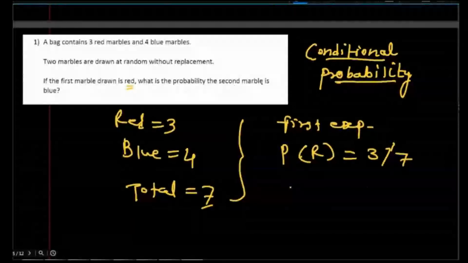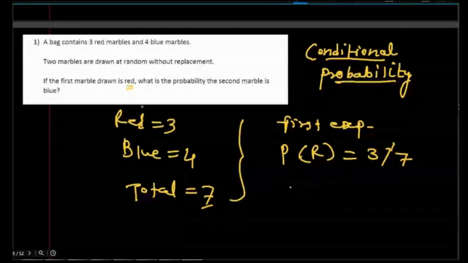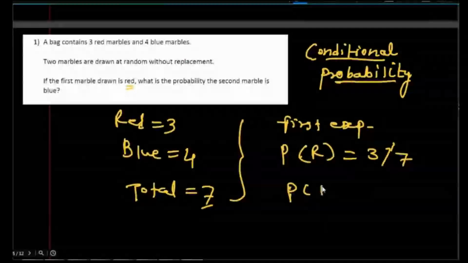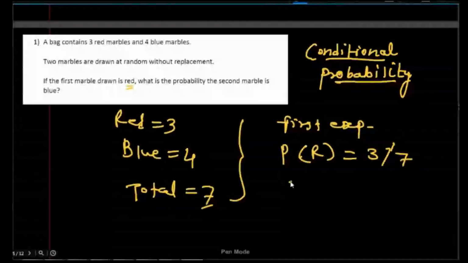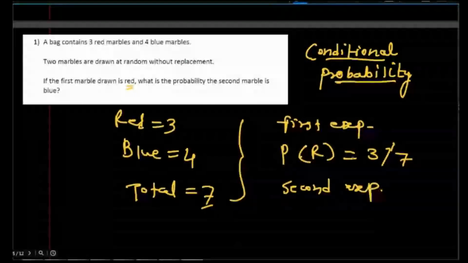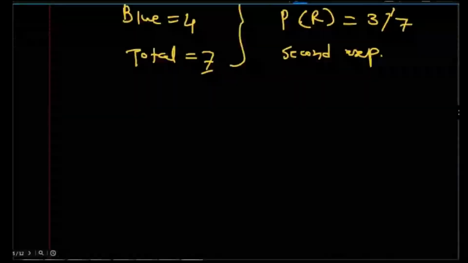What is the probability that the second marble is blue? Probability of blue in the second experiment. So according to our formula, what is the formula?